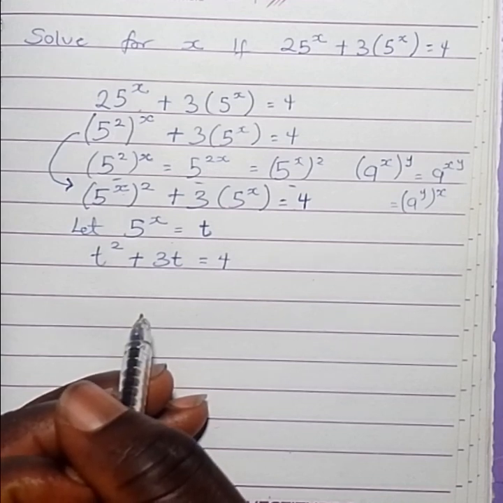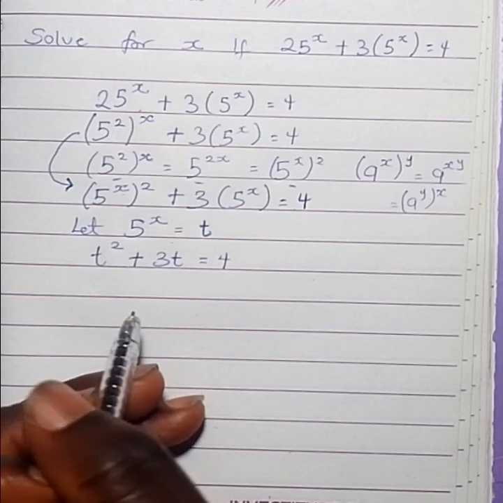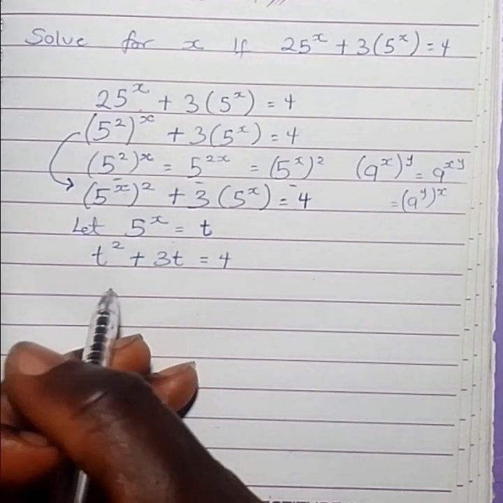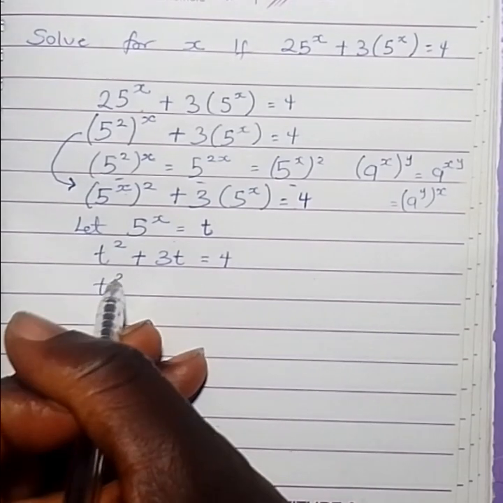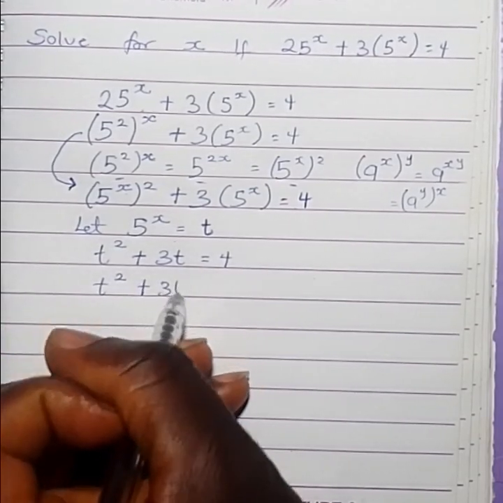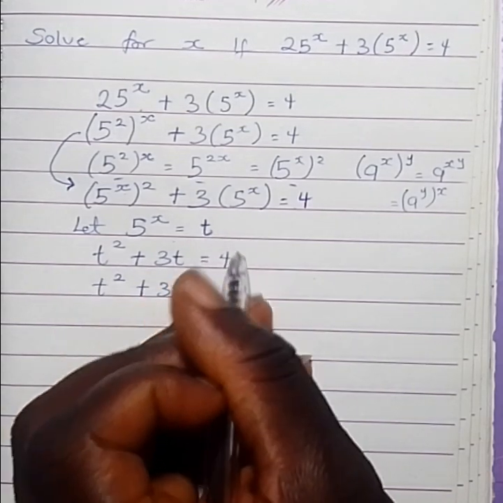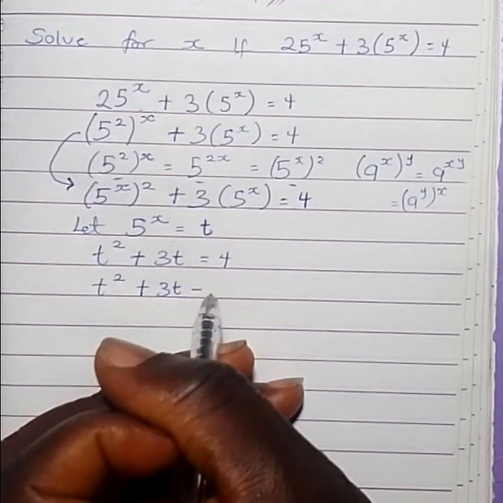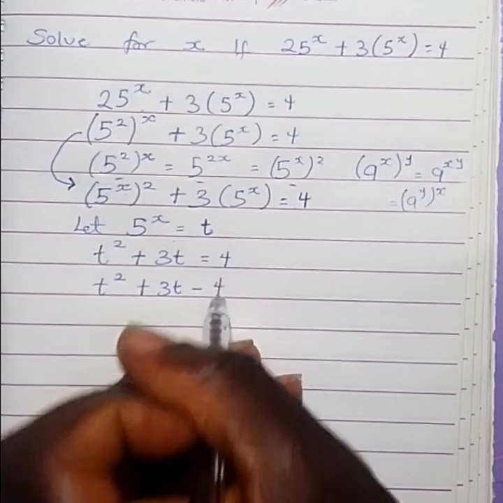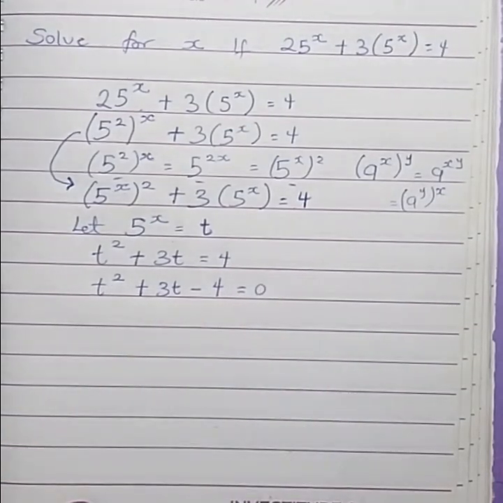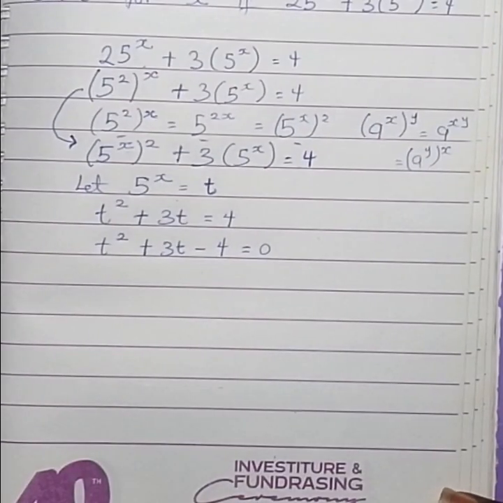All right, so we have that t square plus 3t minus 4, because when the 4 changes position, the addition will turn to subtraction, equal to 0. So this is a quadratic equation.